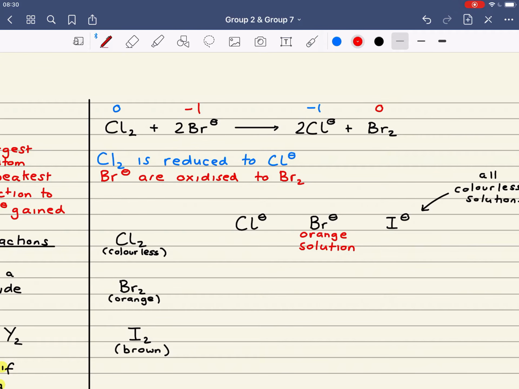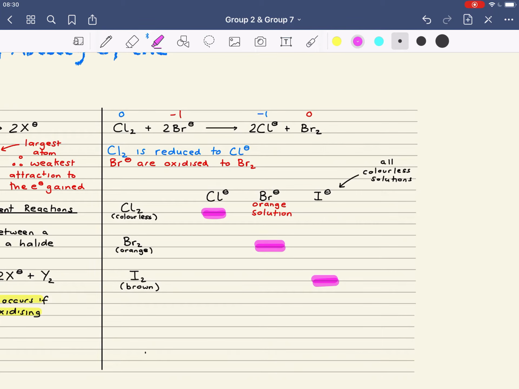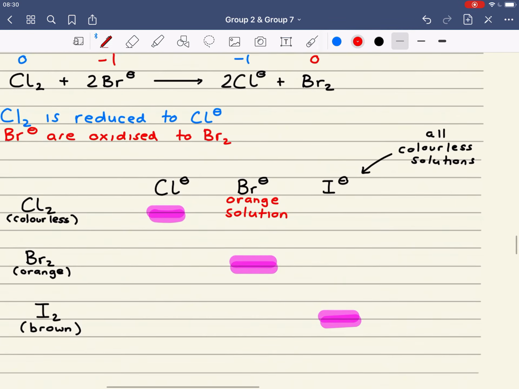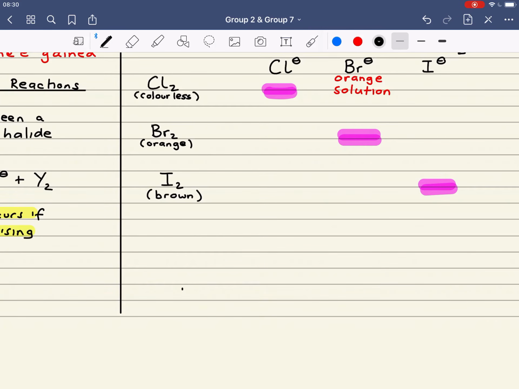Now, if we have a look at the rest of these, we can ignore chlorine with chlorine, bromine with bromine and iodine with iodine. Chlorine and iodide ions, well, let's have a look.